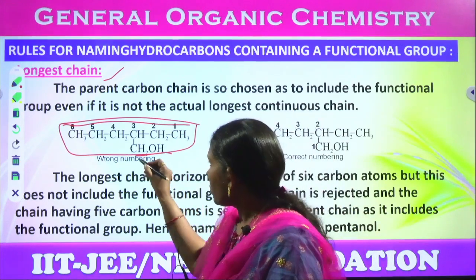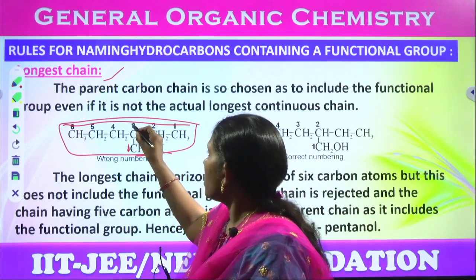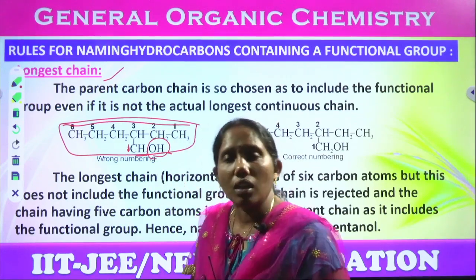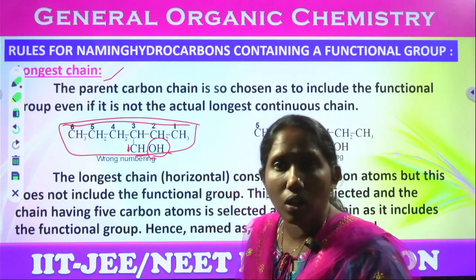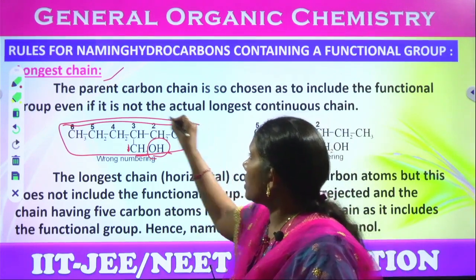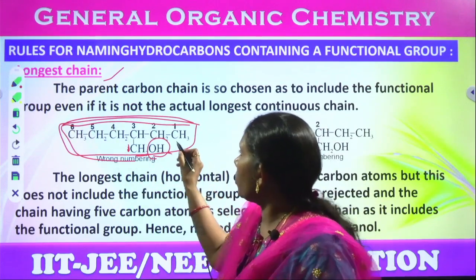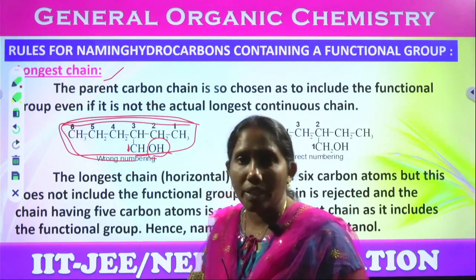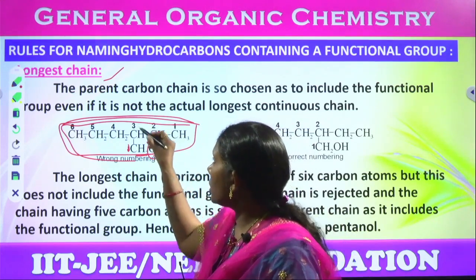See here, this is the first carbon. Suppose this CH2 containing the OH is the functional group alcohol, and its suffix is ol. So this is the compound. Here we have taken 1, 2, 3, 4, 5, 6, a 6 carbon chain, but the functional group CH2OH is on the third carbon.